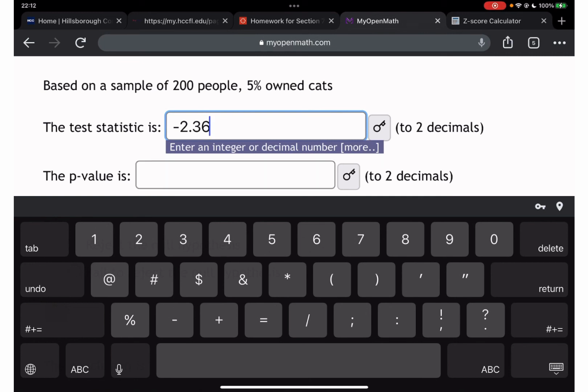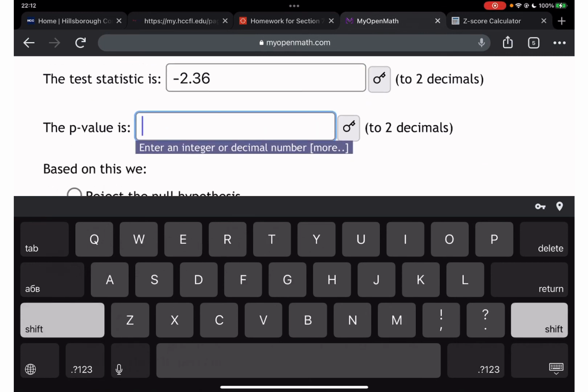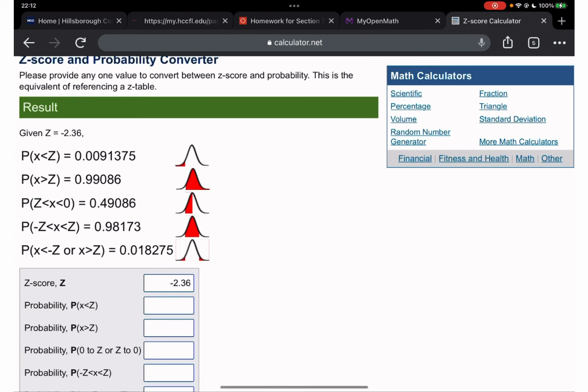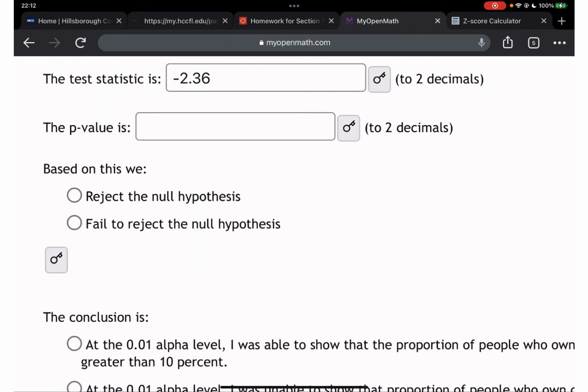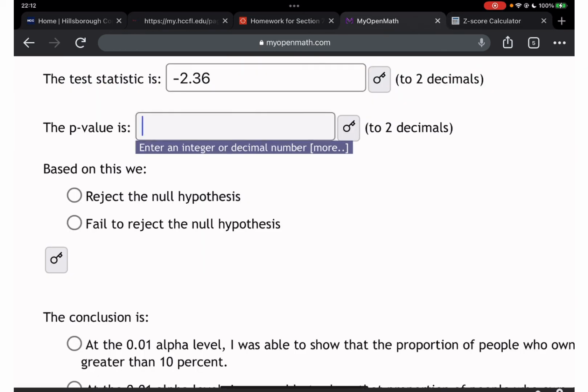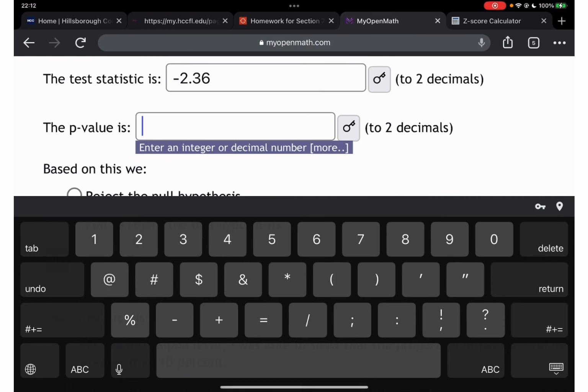Okay, and for here we have 0.009, since we have two tails and this is for one tail, so I need to multiply by 2. 0.009 times 2, and I'm getting the answer, let me write down, 0.0018.